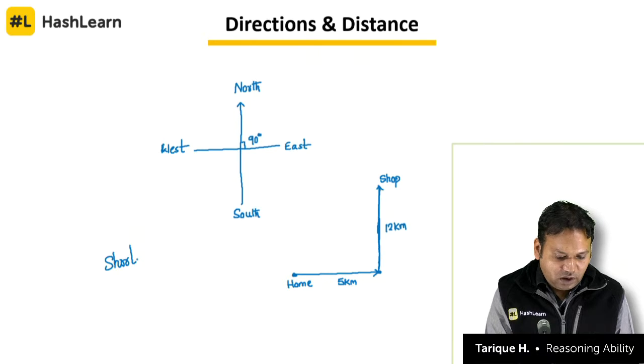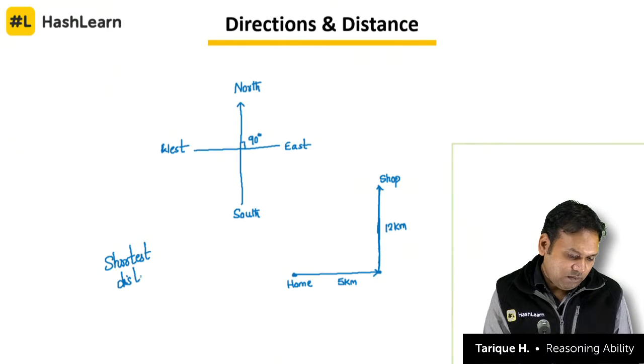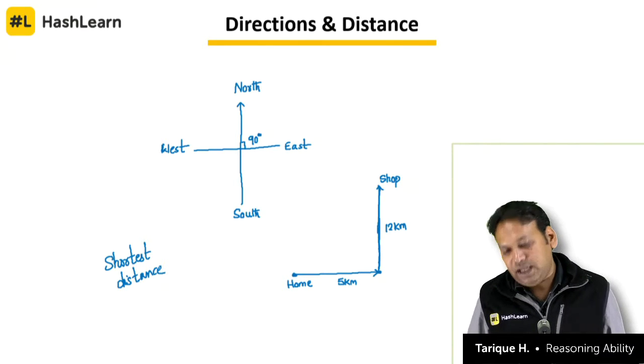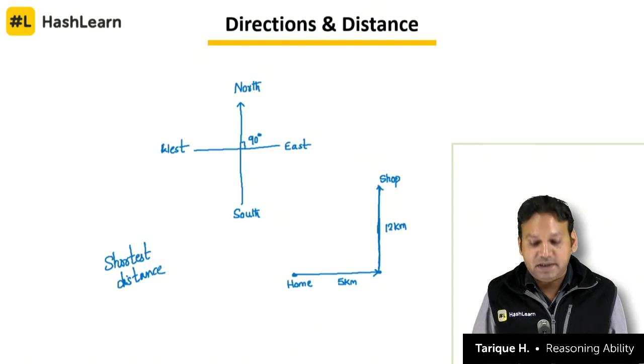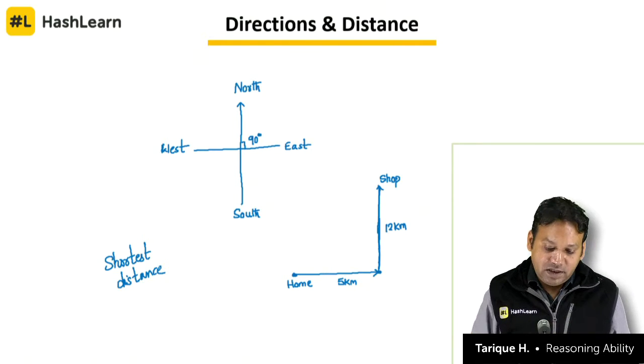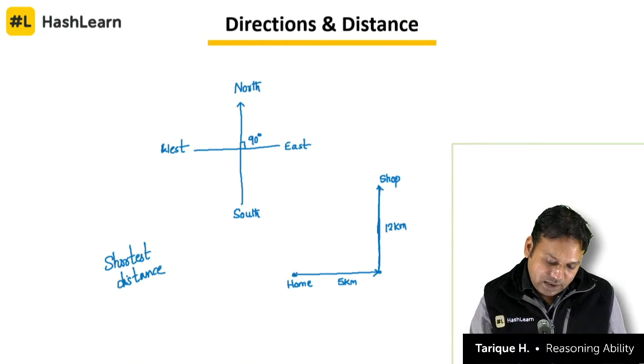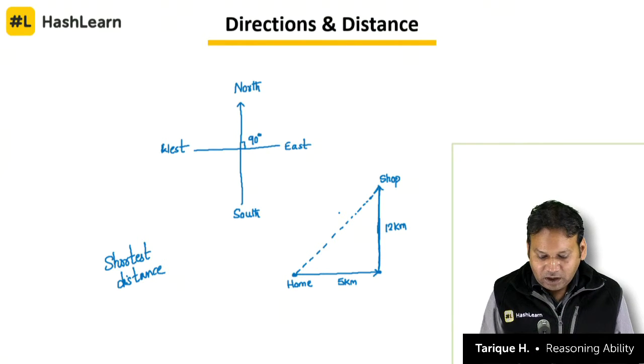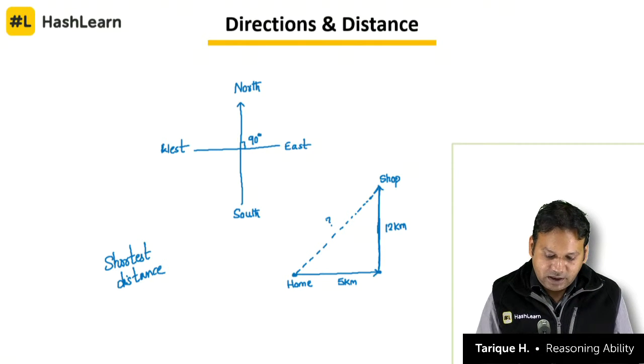So what is the shortest distance from his home to the shop, or from his starting point to the point where he stopped? When you take the shortest distance, you always take the straight line connecting the 2 places. So if I take a straight line, what is this distance in kilometers? That is what the question is asking.